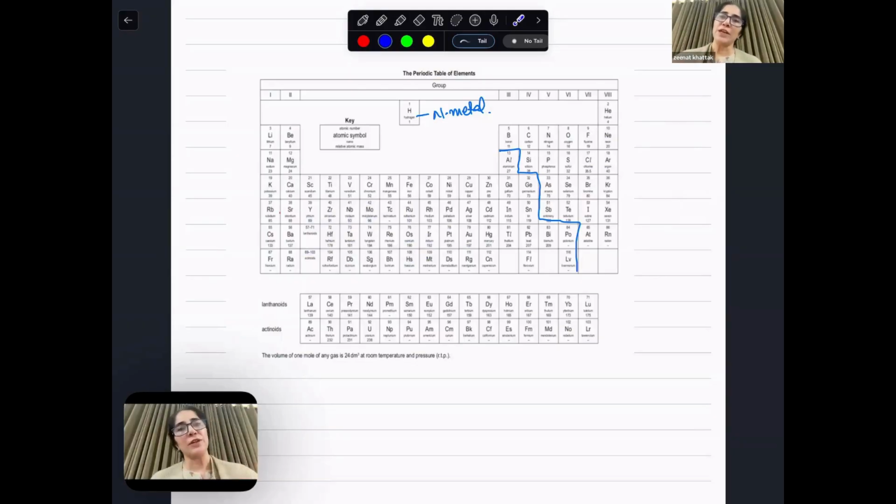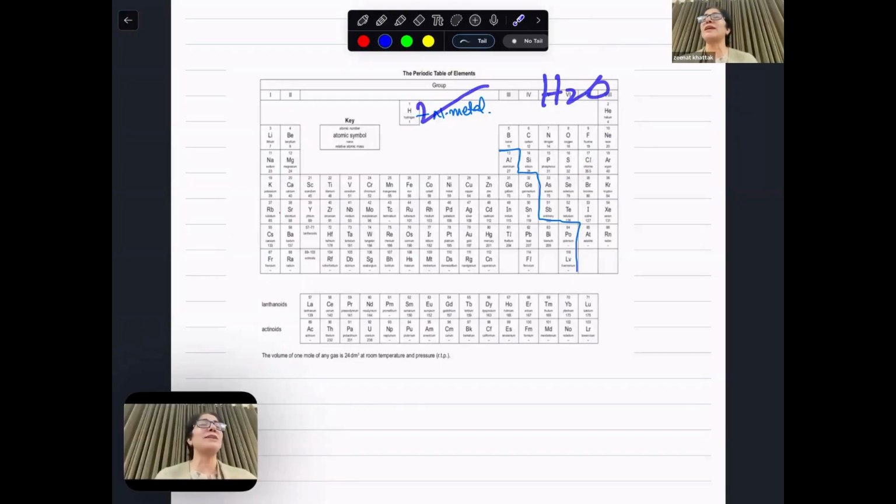If I ask you, what is the bonding in zirconium? Metallic. Calcium, metallic. Ruthenium, metallic. Zinc, metallic. Bond in chlorine with chlorine, covalent. Chlorine with sulfur, covalent. For example, SO2: S is a non-metal, O is a non-metal, covalent.